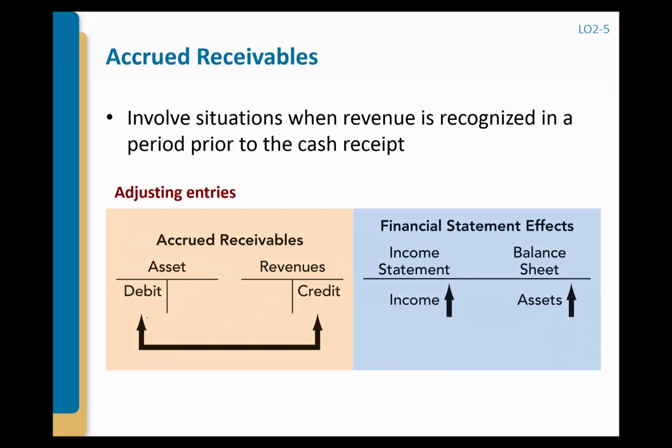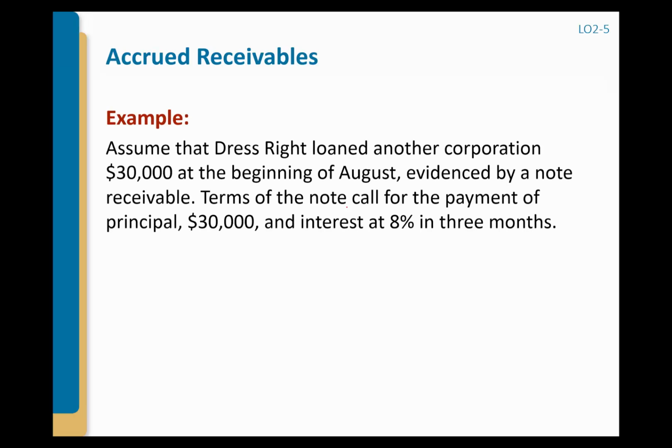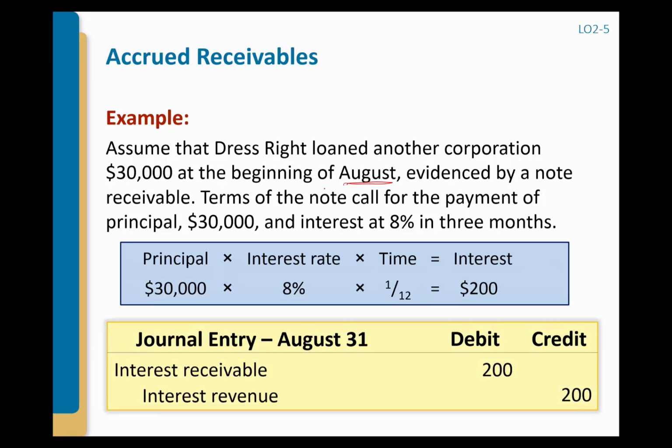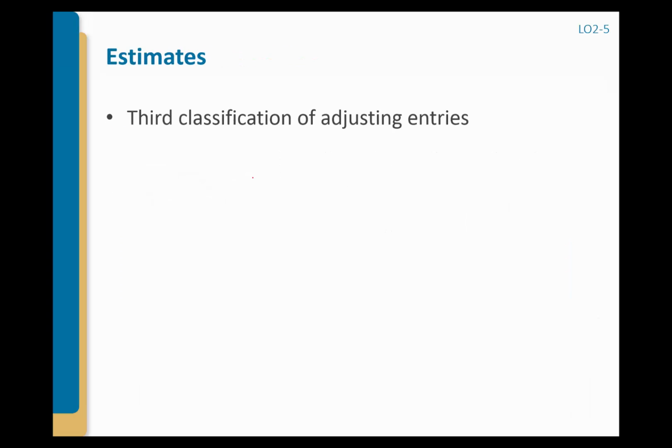So again, you're debiting a receivable, an asset, and then you're crediting the revenues. So in this case, we loaned $30,000 at the beginning of August by a note, and they're giving us the terms of the note. So we have principal, rate, and time to get our interest. So here we're expecting to receive this interest, and now we've earned it during this period.